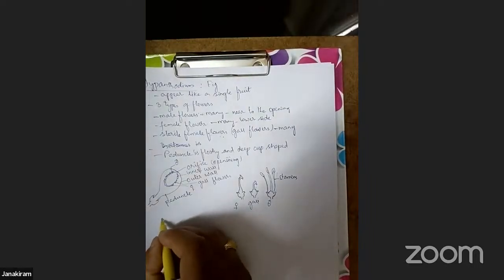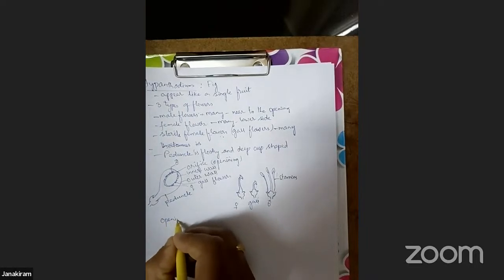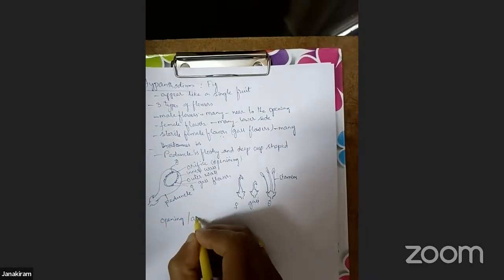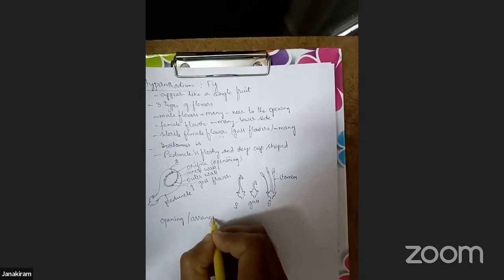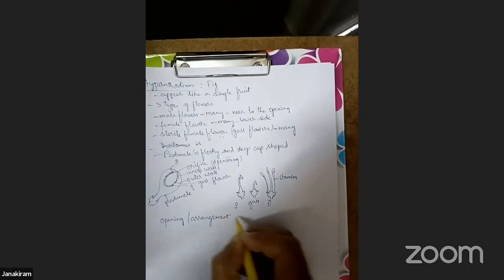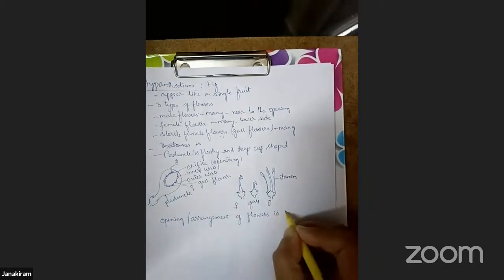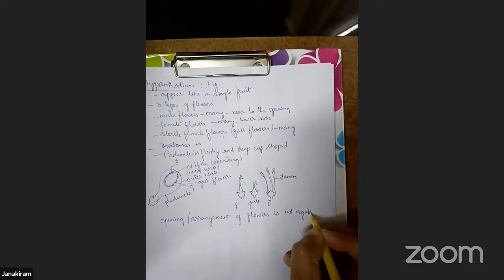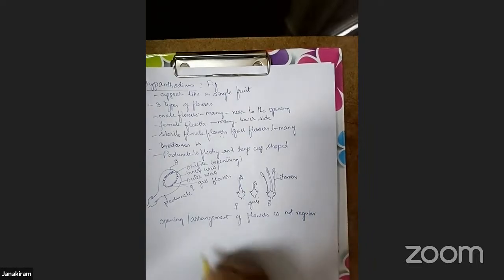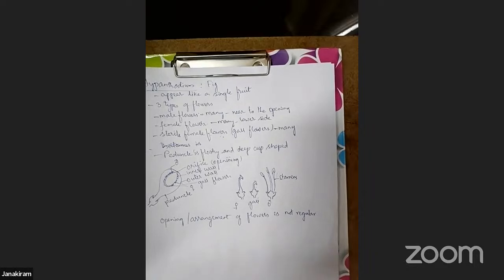But here, the opening of the flower or the arrangement of the flowers is not regular. Not regular means it is irregular. Irregular pattern of arrangement or irregular pattern of opening of the flowers can be seen.